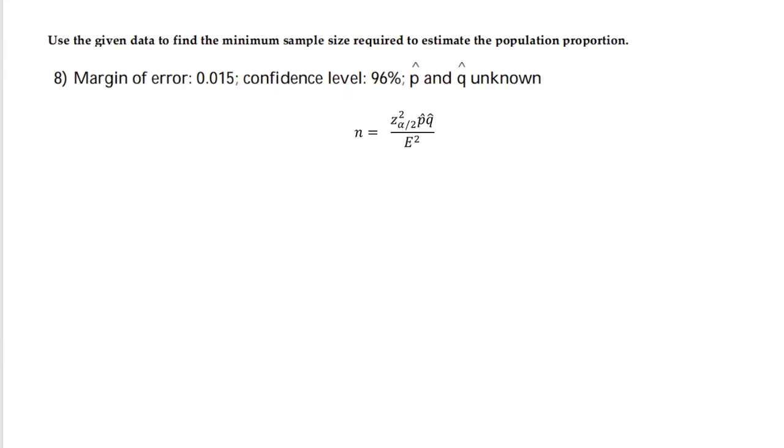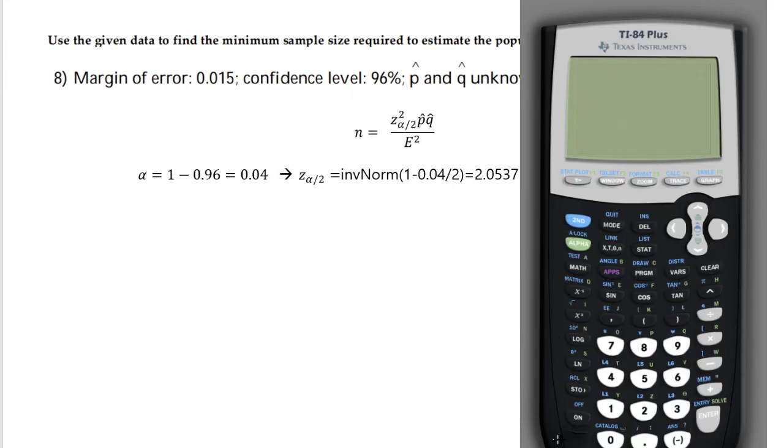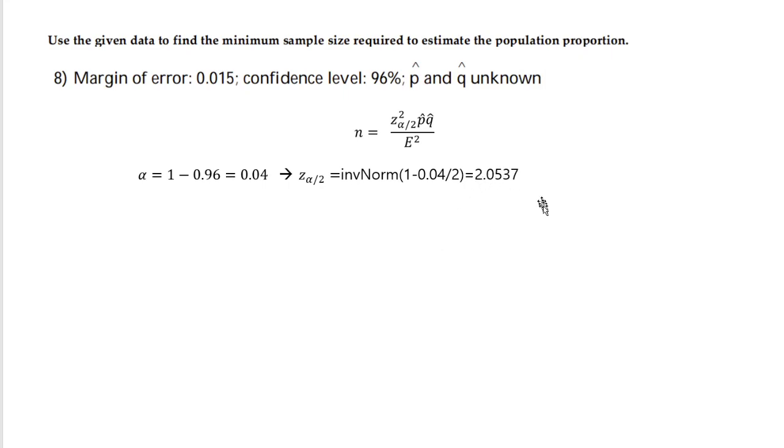Z squared alpha over 2, well, we'll have to again find the significance level as 1 minus 0.96, which is 0.04, and then again you do the inverse norm, and you put 0.04 because that's our significance level, and then divide by 2, paste that, you get 2.0537. So that's the value of the critical value, 2.0537.